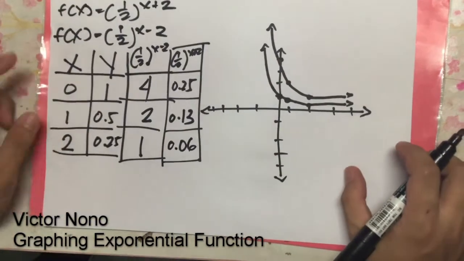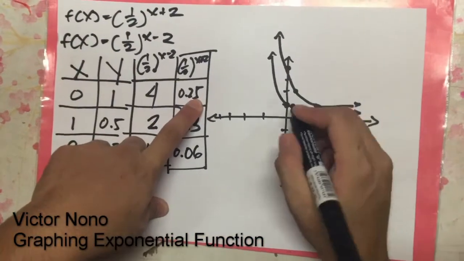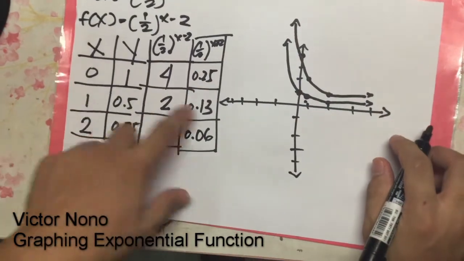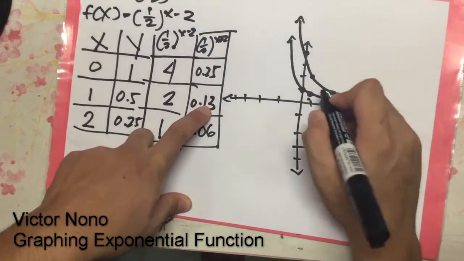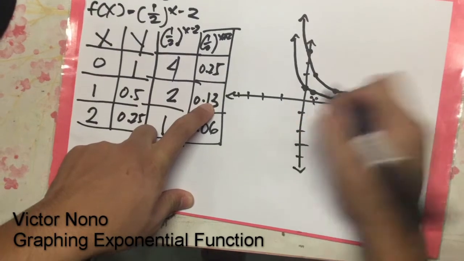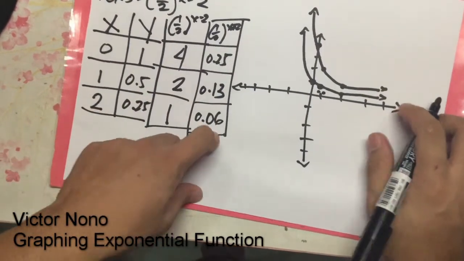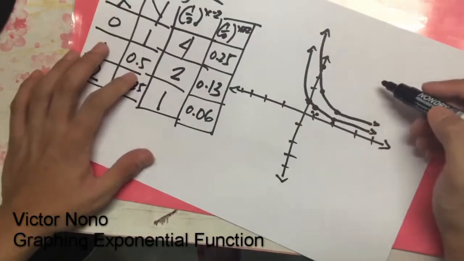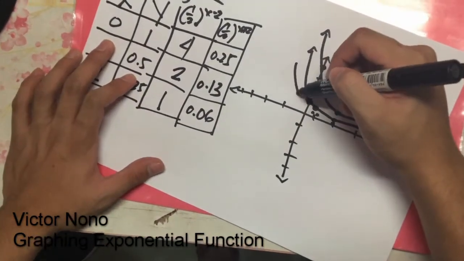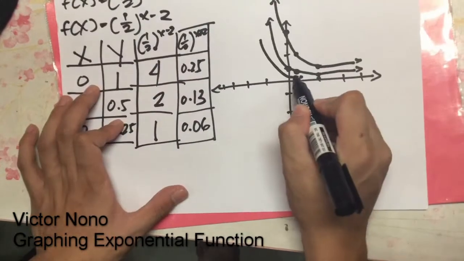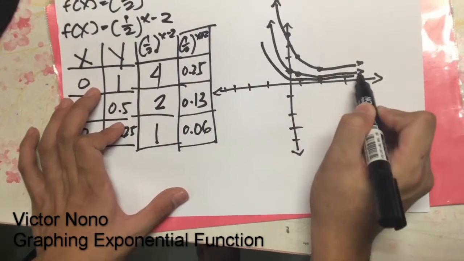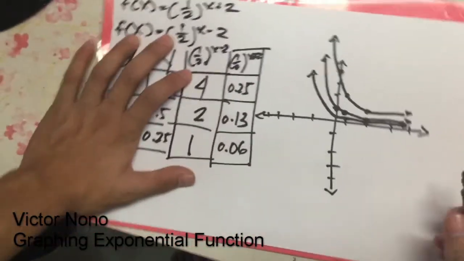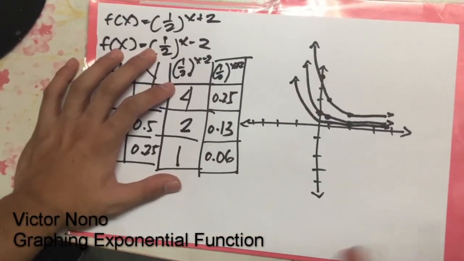So let's graph 0 and 0.25; 1 and 0.13; 2 and 0.06. So the line will be like this. So this is an example of horizontal translation.